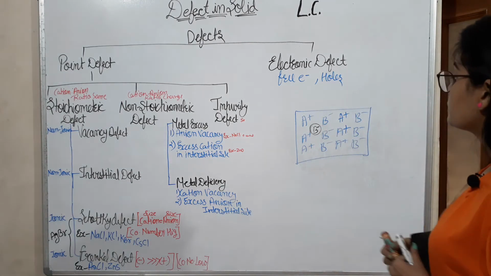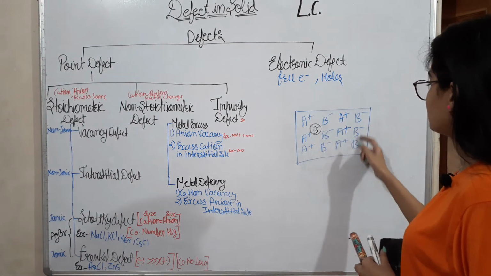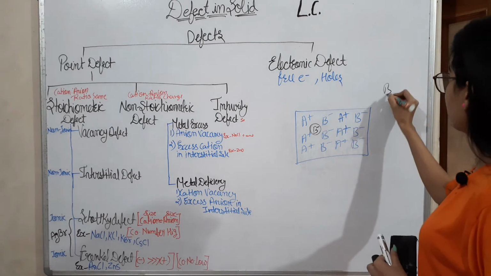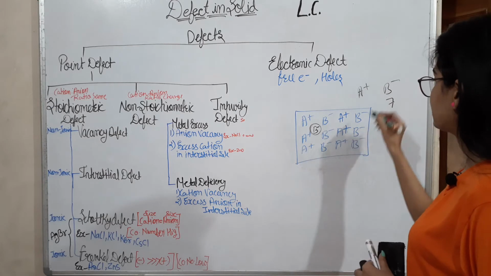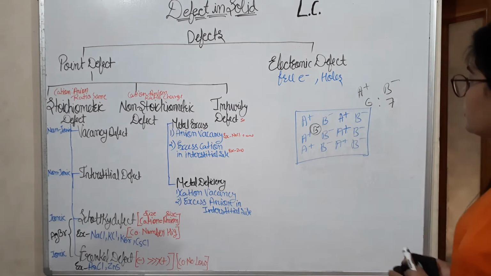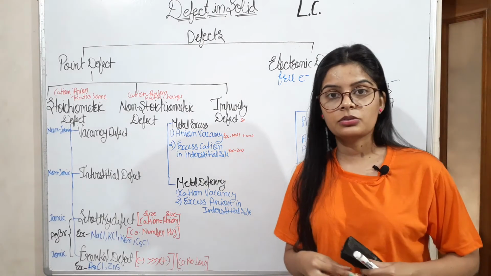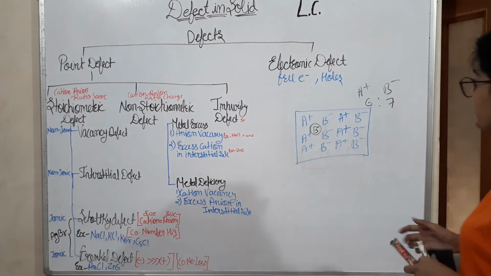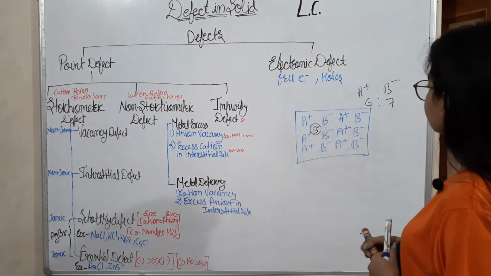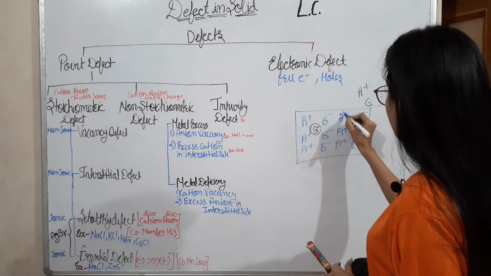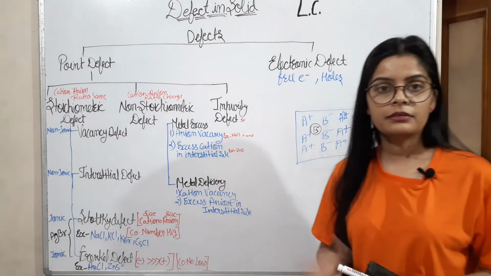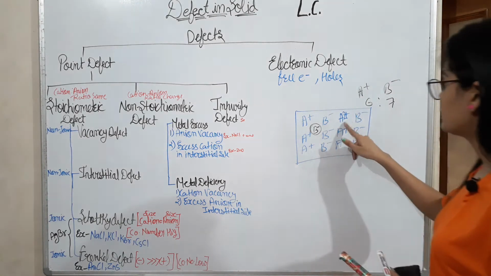So now here 1 2 3 4 5 6 7, B minus are 7 in number and cations are 6 in number. So their charge ratio is different, so we have to make it the same by increasing the charge on any one cation.